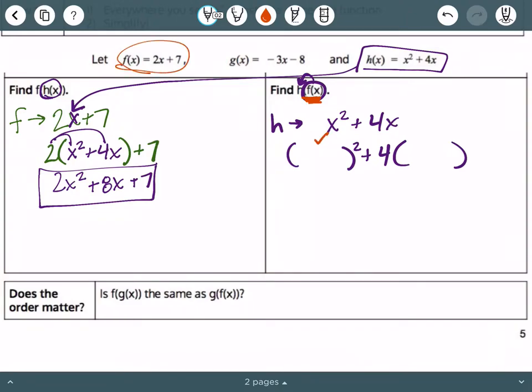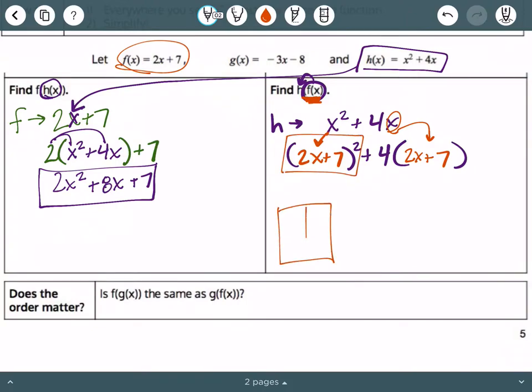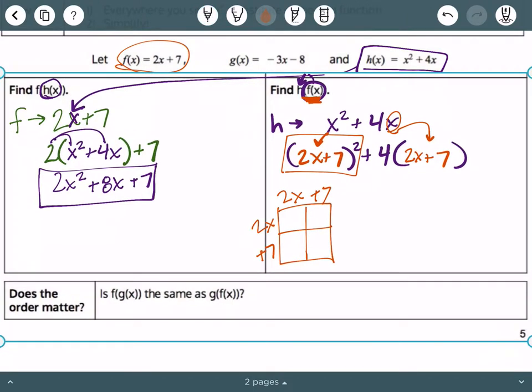So everywhere I see x, I'm going to exchange it for 2x plus 7. And then this one here, 2x plus 7. This one's a little bit more difficult to simplify. So here, this part, I have a box, FOIL box, so 2x plus 7 times 2x plus 7, because there are 2 of them.